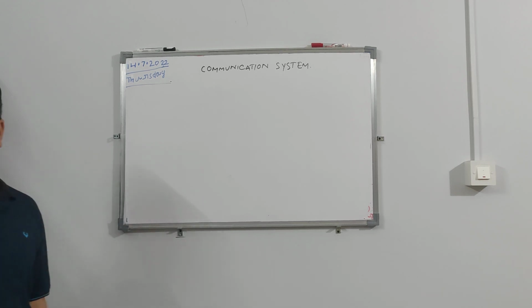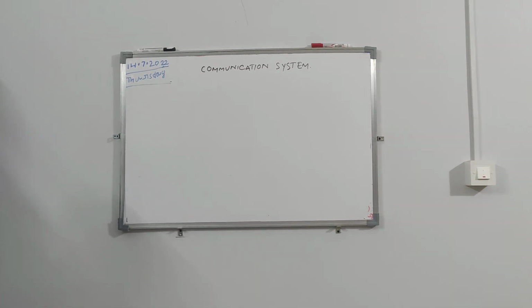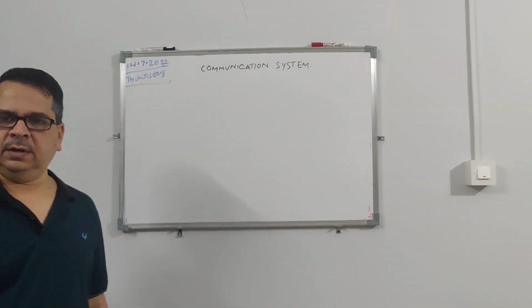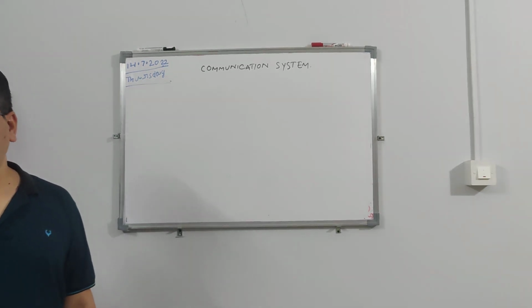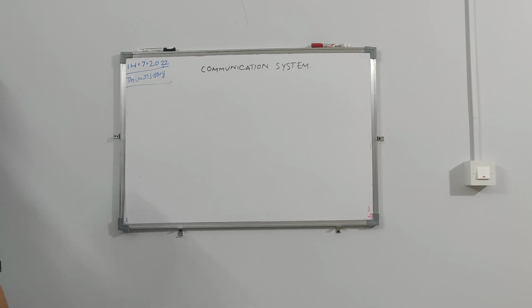Then there is something called amplification. You might have studied transistor as an amplifier. A transistor can behave as a diode, a transistor can behave as a switch, and it can behave as an amplifier. So amplification is when the voltage level can be increased.